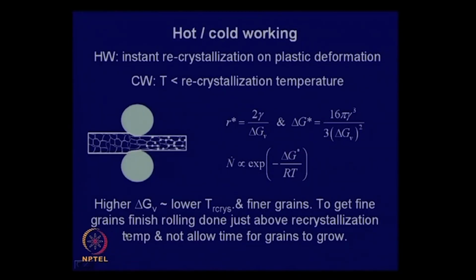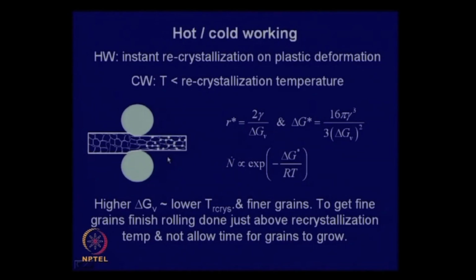So, to get fine grain, finish rolling is done just above the recrystallization temperature, and you do not allow time for grains to grow. And here another important thing is, after this hot working, the structure does not remain austenitic.